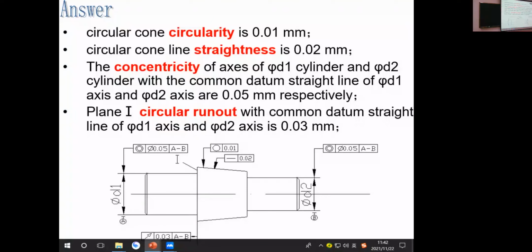This line, this line, this plane, this plane. Symmetry.